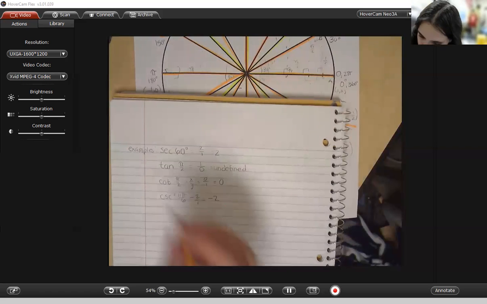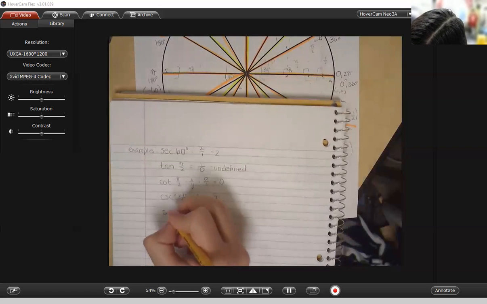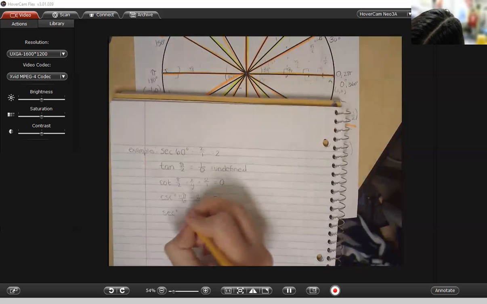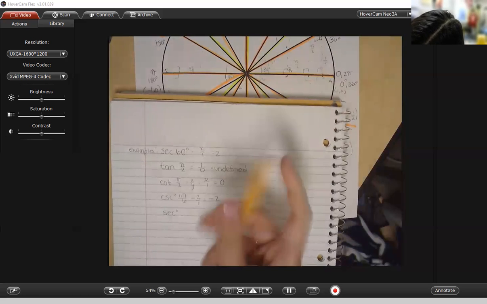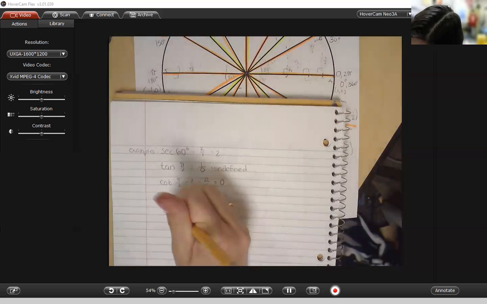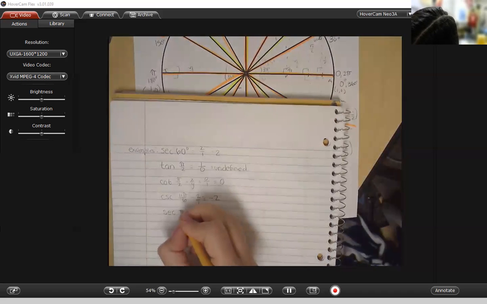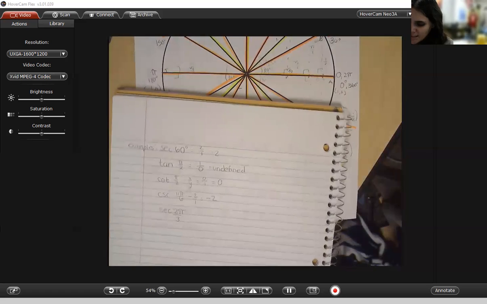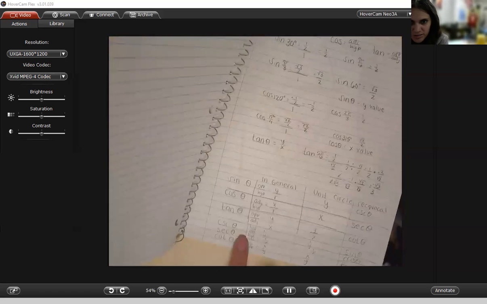Now let's say I wanted to find the secant at 2 pi over 3. Oops, degree sign shouldn't be there. Secant at 2 pi over 3. Well, again, my secant is going to be the reciprocal of cosine.